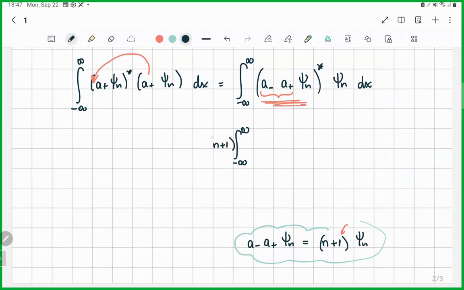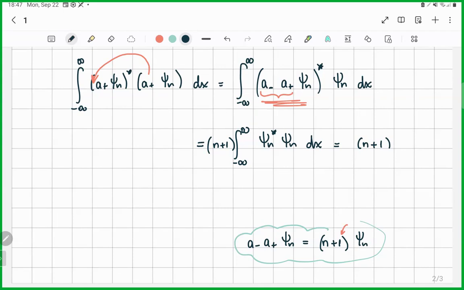And then what survived inside the integral? Psi n complex conjugate psi n dx. And we know that this function is normalized. We started from this assumption that we had already normalized this psi n. So we know that what we get here is just n plus 1. Okay? So this is the right side.